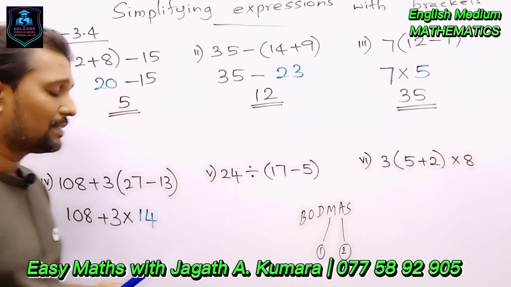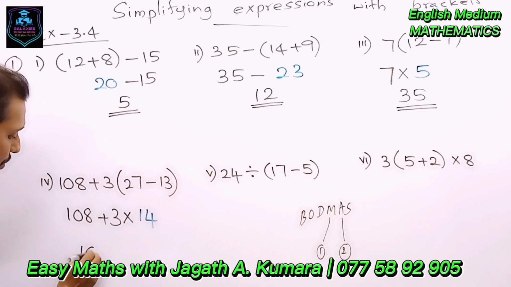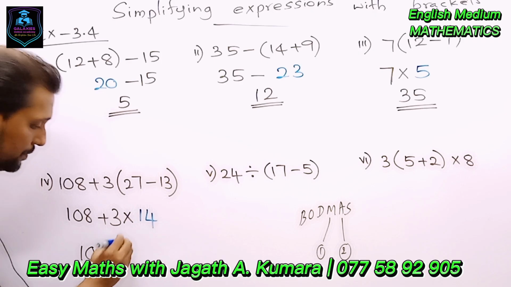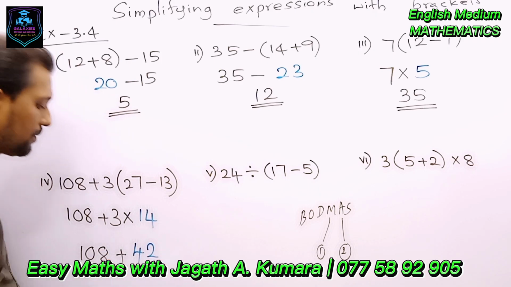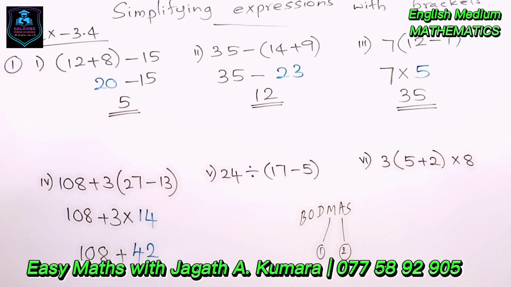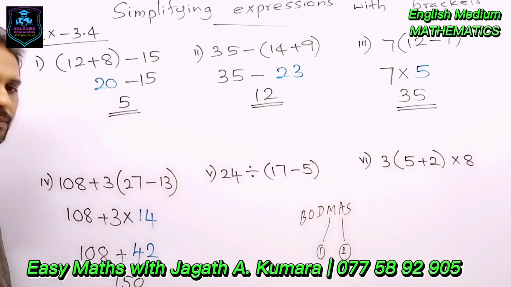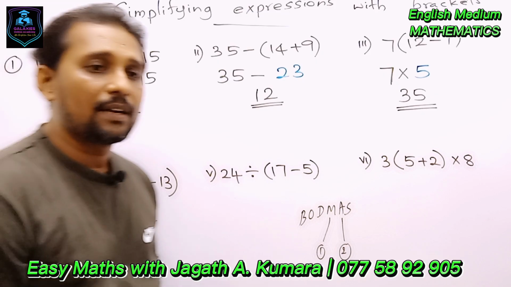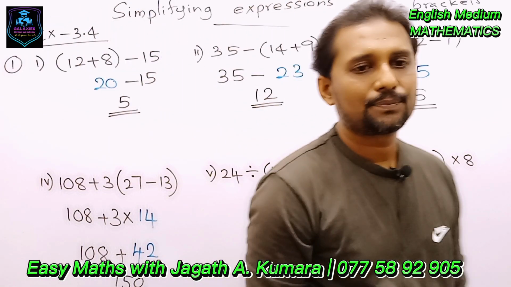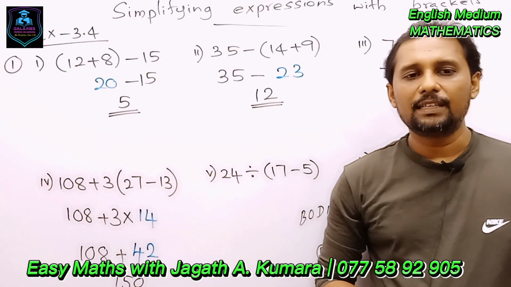What is the answer? 3 multiply 14 is equal to 42. Now another step: 108 plus 42 is 150. So the final answer should be 150. It is the fourth one.